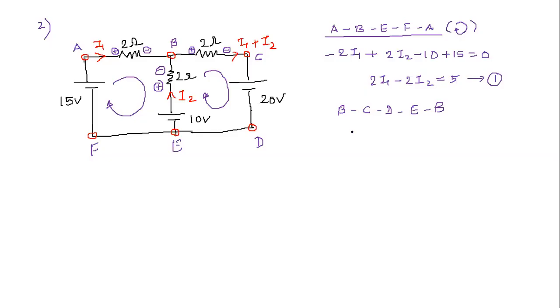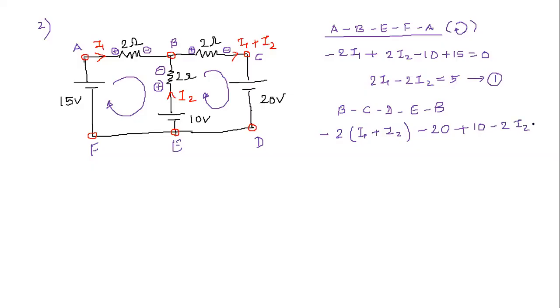So what will be that? Minus 2 I1 plus I2 minus 20. Minus 20, yes. Then plus 10 minus 2 I2.